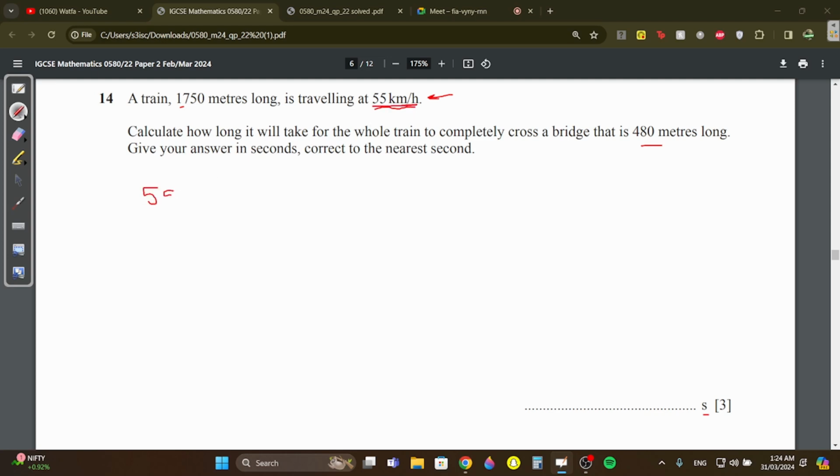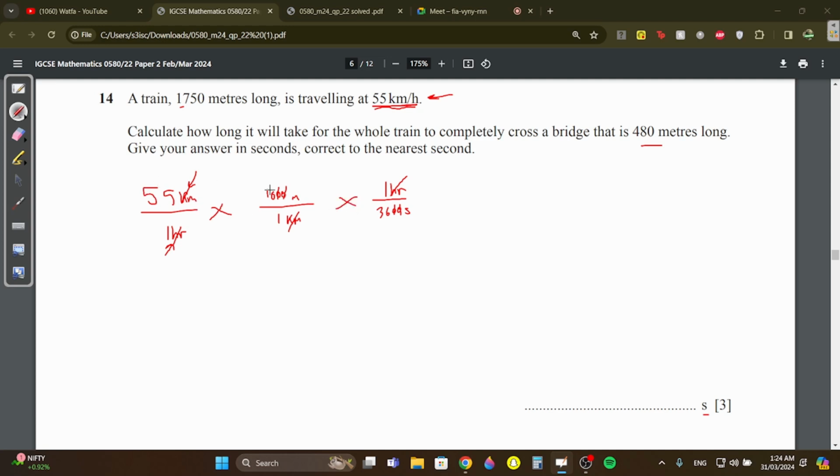So to convert 55 kilometers per 1 hour to meters per second, how do you convert it? First, convert the kilometers. You put 1000 meters over 1 km, cancel the km with km. Then let's convert this hour into seconds. It's going to be 1 hour, 3600 seconds. Cancel the hour with the hour, and you can also cancel these two zeros with these two zeros, and you're always multiplying.